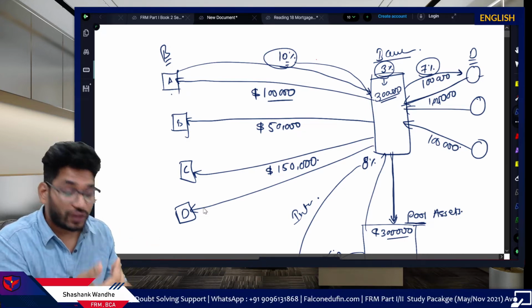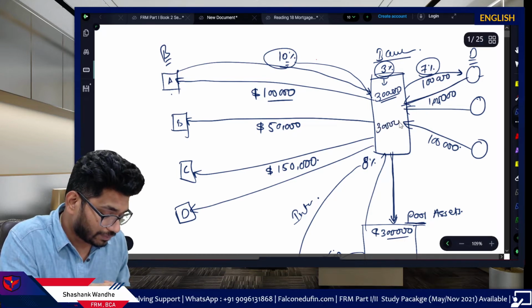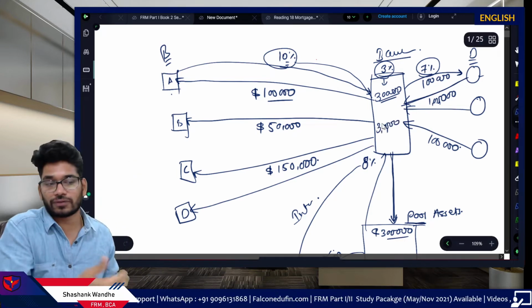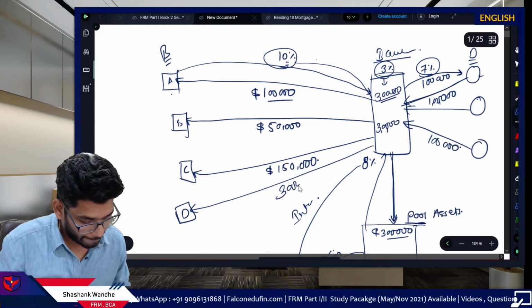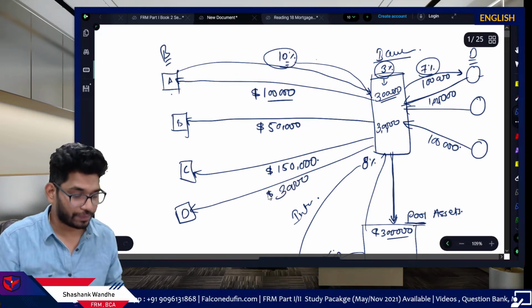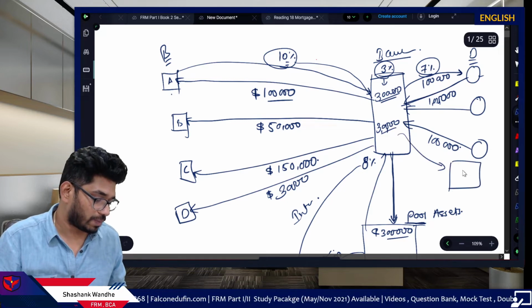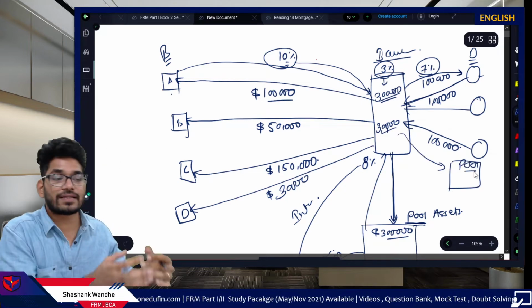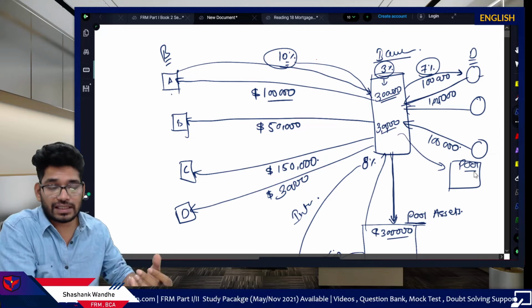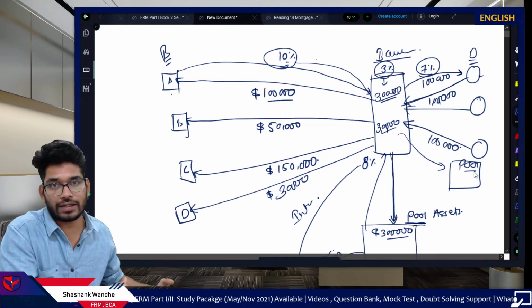Now again the bank has 3 lakh rupees receivable because again the bank provided a loan of 3 lakh to D. And again the bank can create a second pool, the next pool, and again some investor will invest in it and he will receive interest for that.